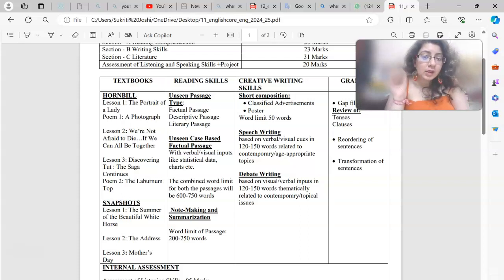It shouldn't be that the topic is not age appropriate, it should be age appropriate.